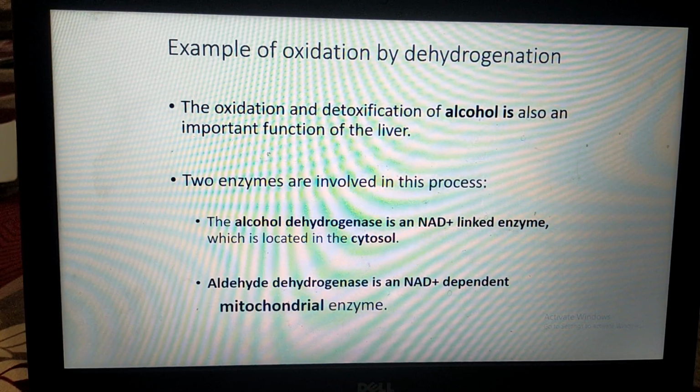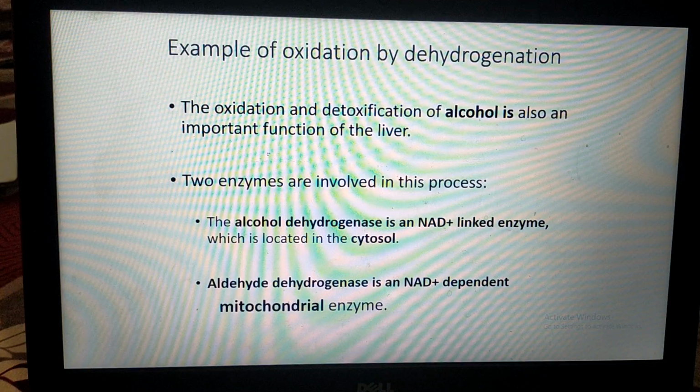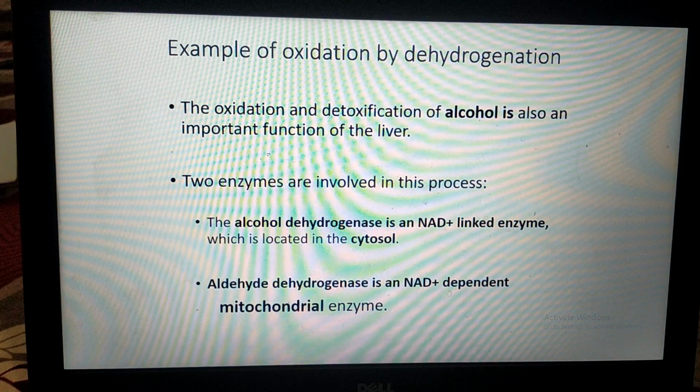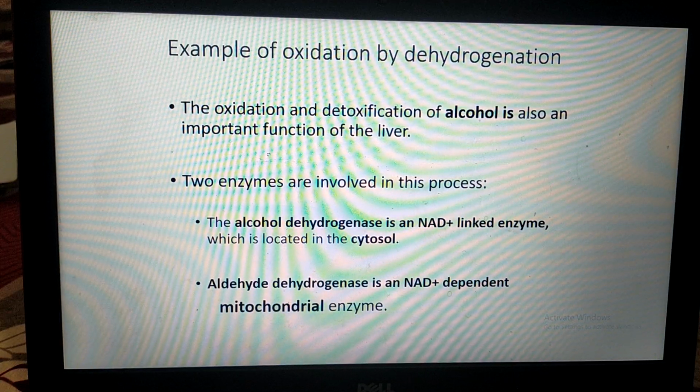The oxidation and detoxification of alcohol is also important in the liver. All of us know, first the alcohol is converted into aldehyde form with the help of the enzyme alcohol dehydrogenase and NAD as a coenzyme. Later on, this aldehyde is converted into acid with the help of again the enzyme aldehyde dehydrogenase and NAD.